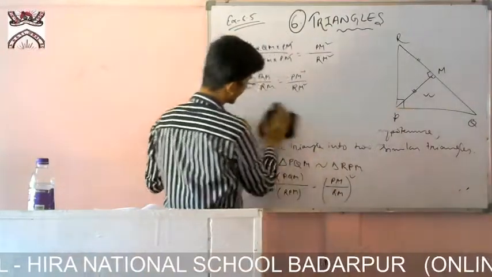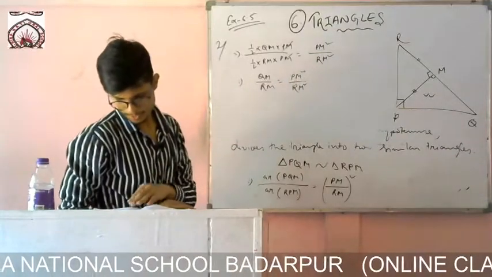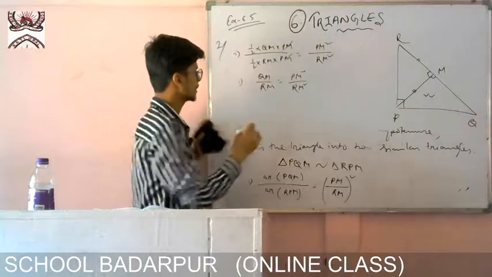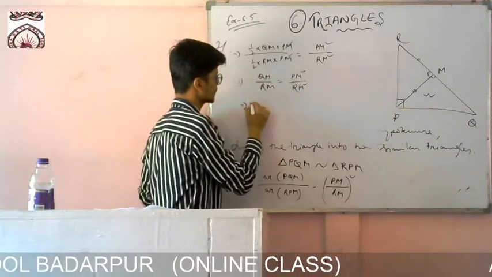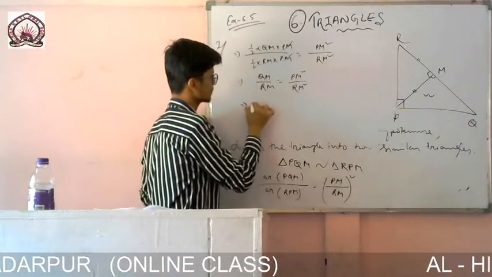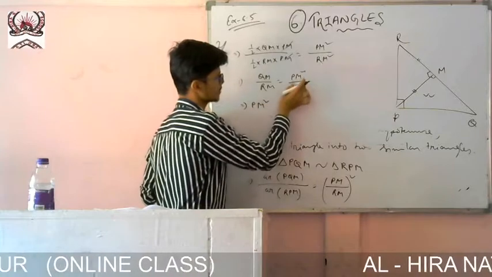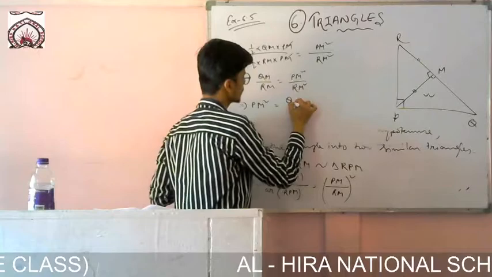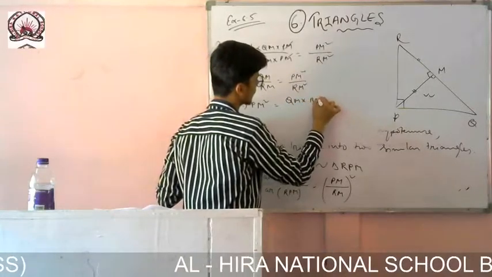What we have to show is PM square, so I keep PM square on one side. This one will come here, so it will be QM into RM.